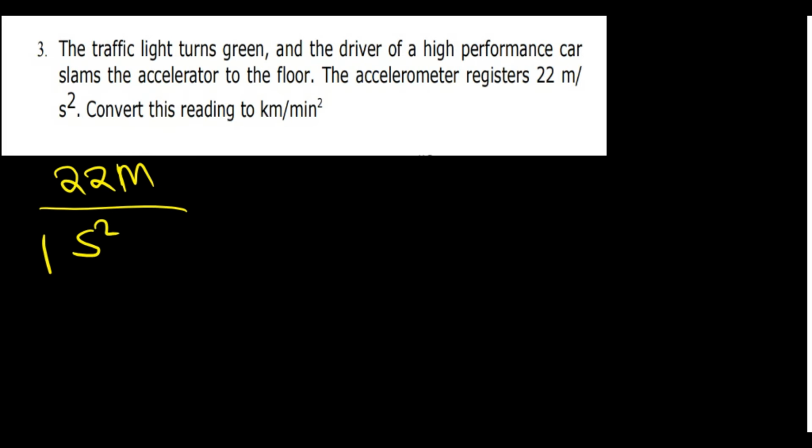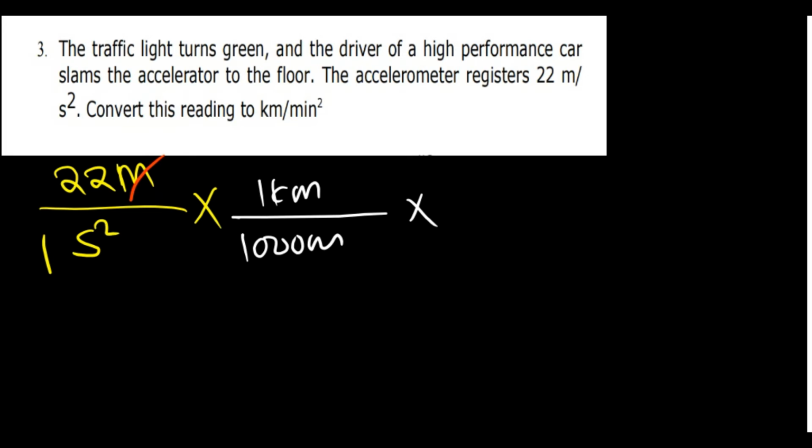So we're going to say this times, since we want to come from meters to kilometers, in 1 kilometer, how many meters do we have? We have got 1000 meters. Then from here, I can see that meters and meters will cancel.